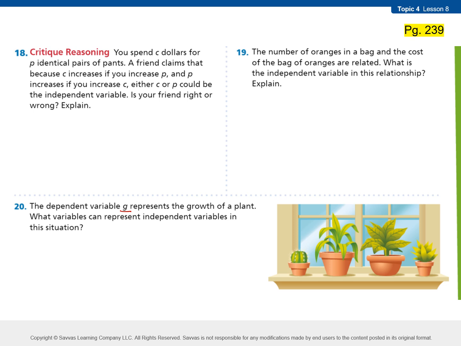So in other words, what doesn't really care about the plant, but the plant cares about it, okay? So my independent variables would be the amount of sunlight, and the amount of water.